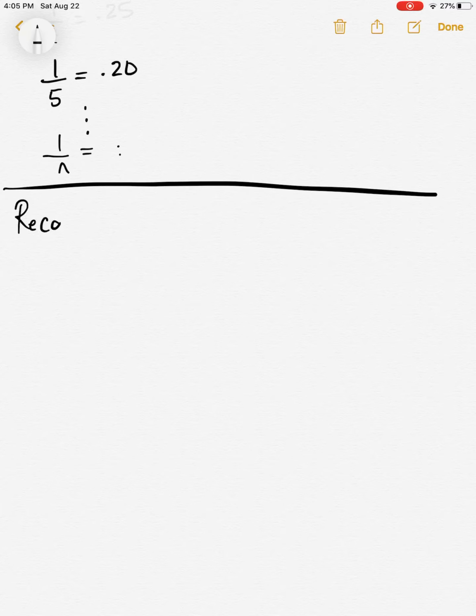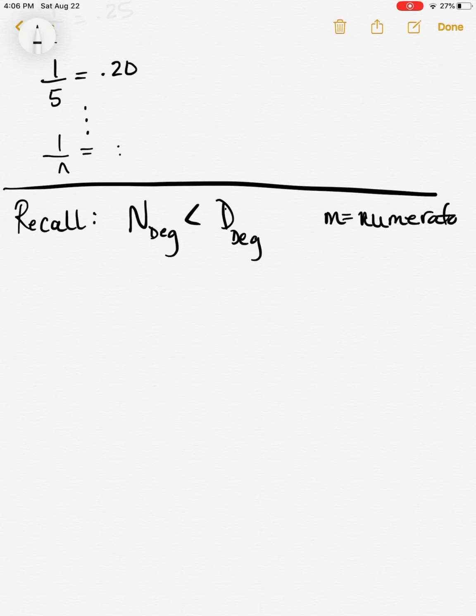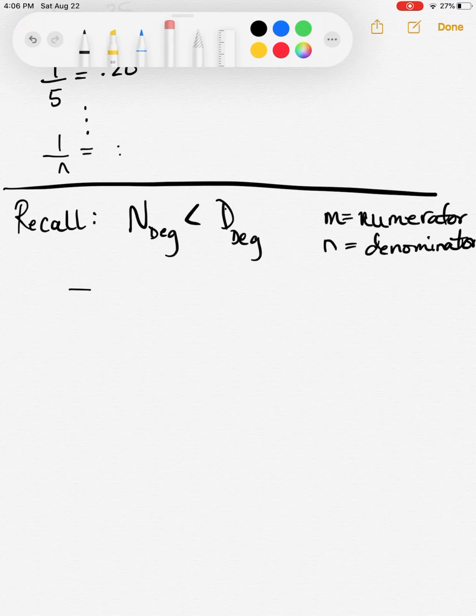Recall that if the numerator degree is less than the denominator degree, and let's write it more mathy so that we look good, let's say that m represents numerator degree and n represents denominator degree, so that we don't cause any confusion.